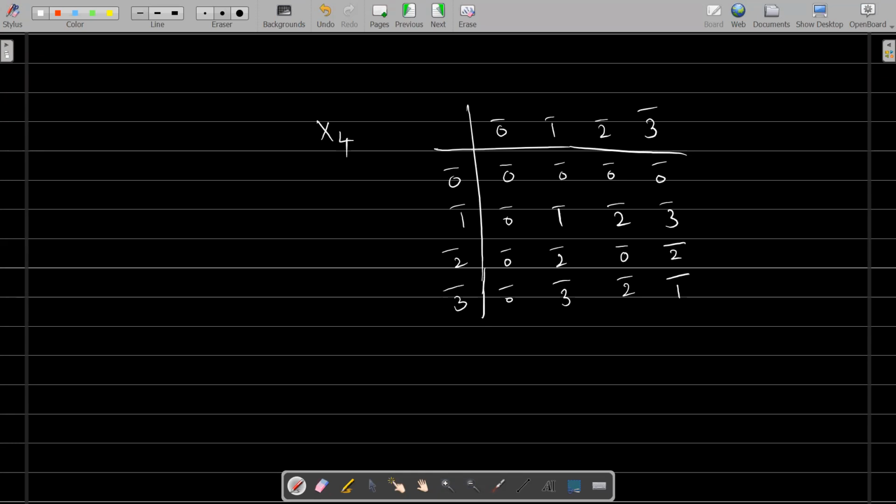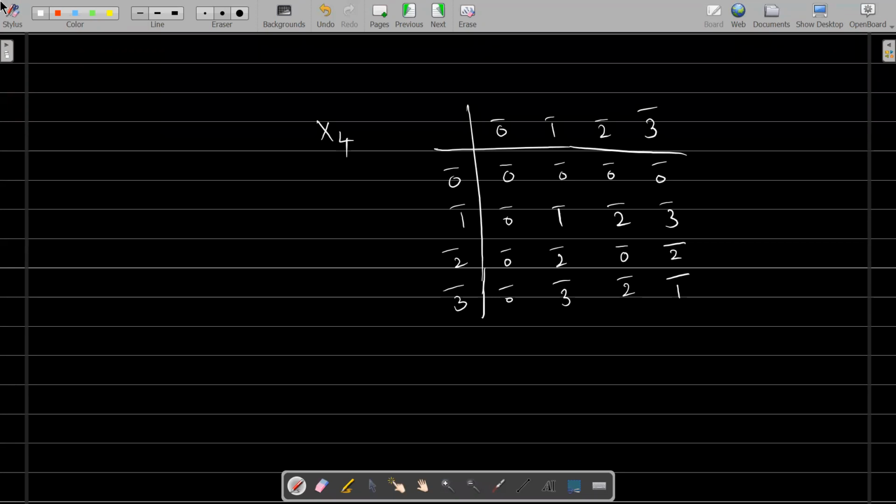And do you see, in this case, it's not a group. Essentially, every element does not have a multiplicative inverse. 0 has no inverse, 2 has no inverse, right? So throw away those elements which do not have an inverse, and the other elements form a group.